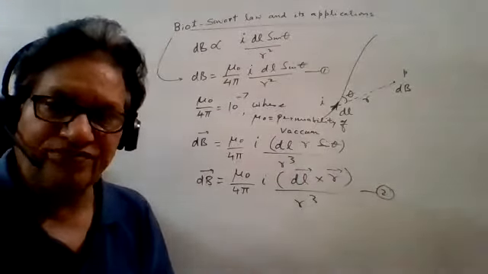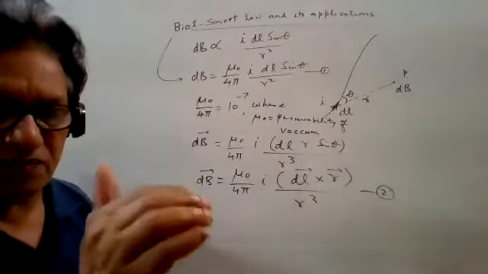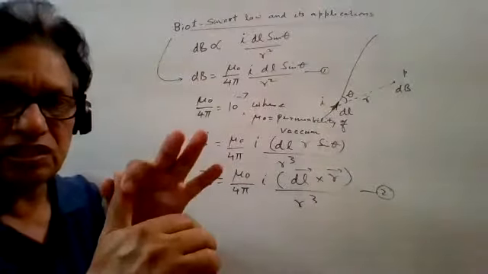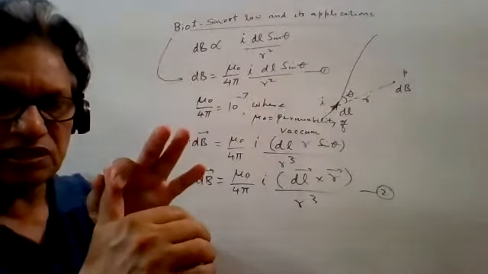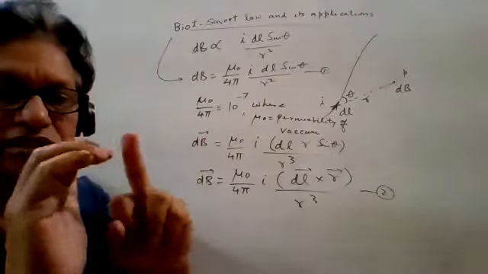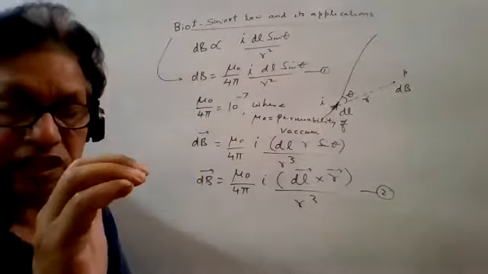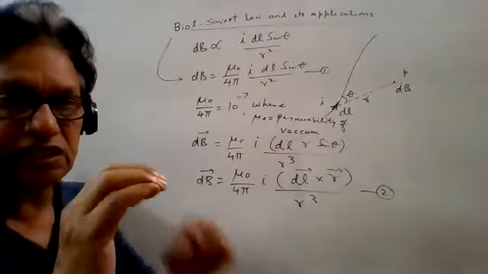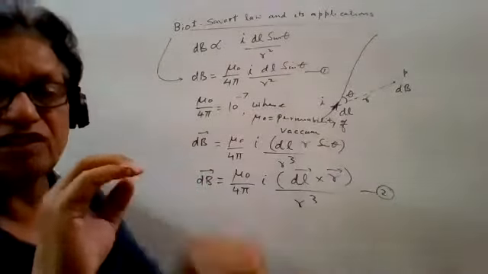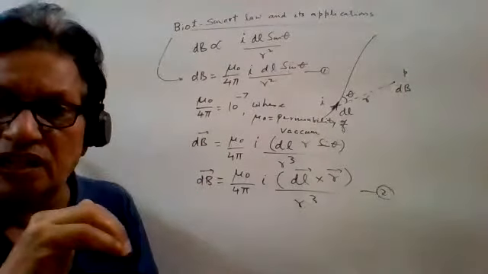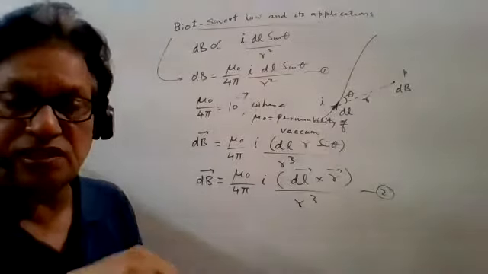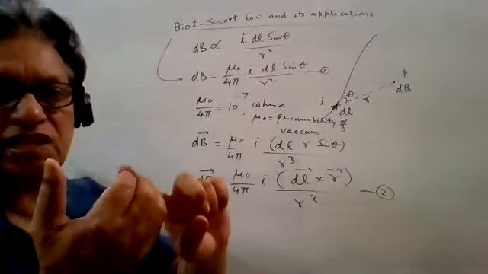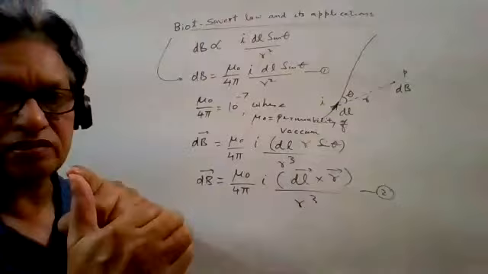How can you apply? Both ways you can apply. Suppose you put the thumb in the direction of current, then the curling fingers will tell you the direction of the magnetic field. Actually, the tangent drawn here will tell you the direction of the magnetic field. If it is circular, this can also be treated as the current and this is the magnetic field.